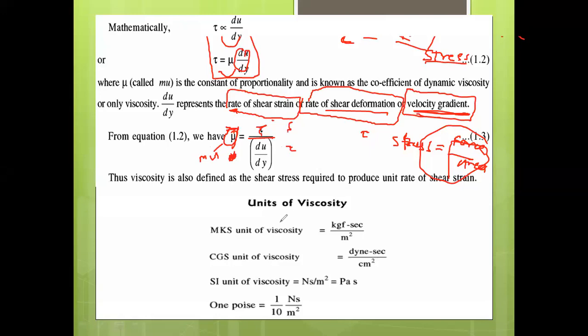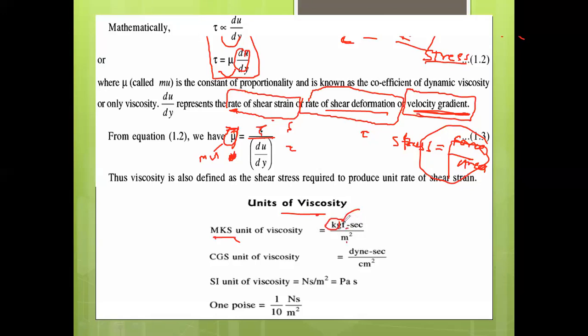Okay, and after simplifying, you will get the unit of viscosity in the MKS system of units. In the MKS system, the unit of viscosity is kg of force second per meter square.